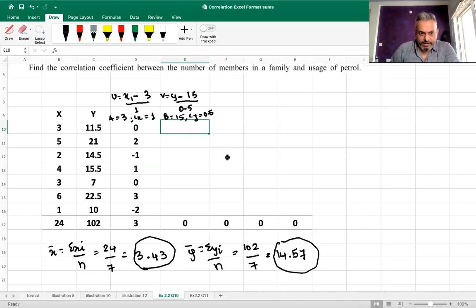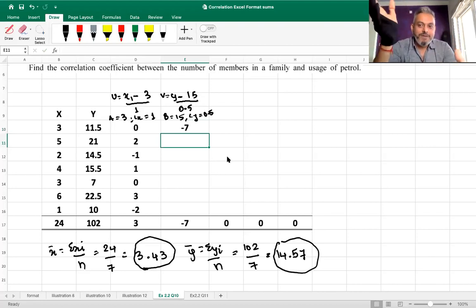Now for v: 11.5 minus 15 is a negative number, minus 3.5, divided by 0.5, so you get minus 7. If you would have taken 0.1, this would have come as 35, so the numbers would become even bigger. In order to curtail that, I use 0.5.